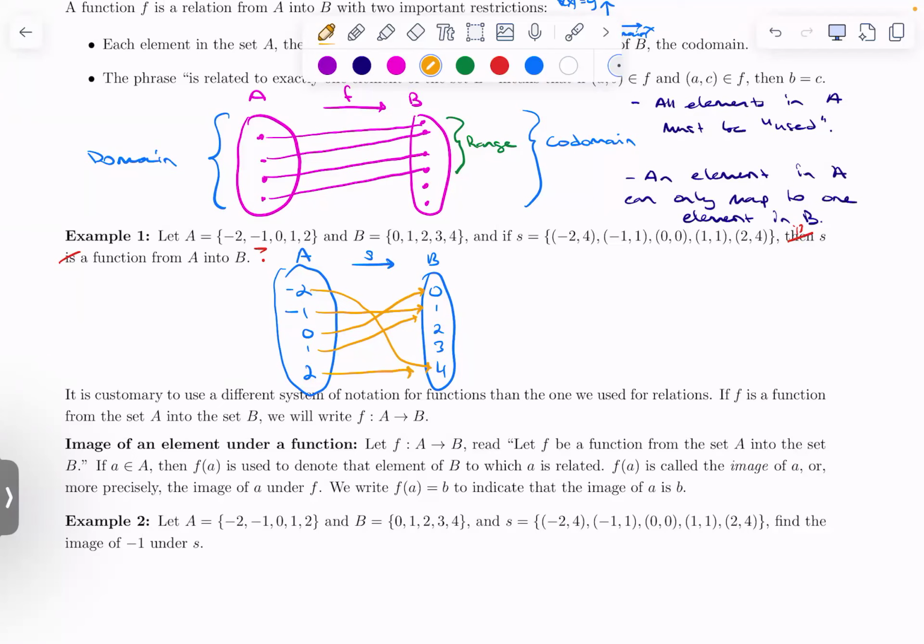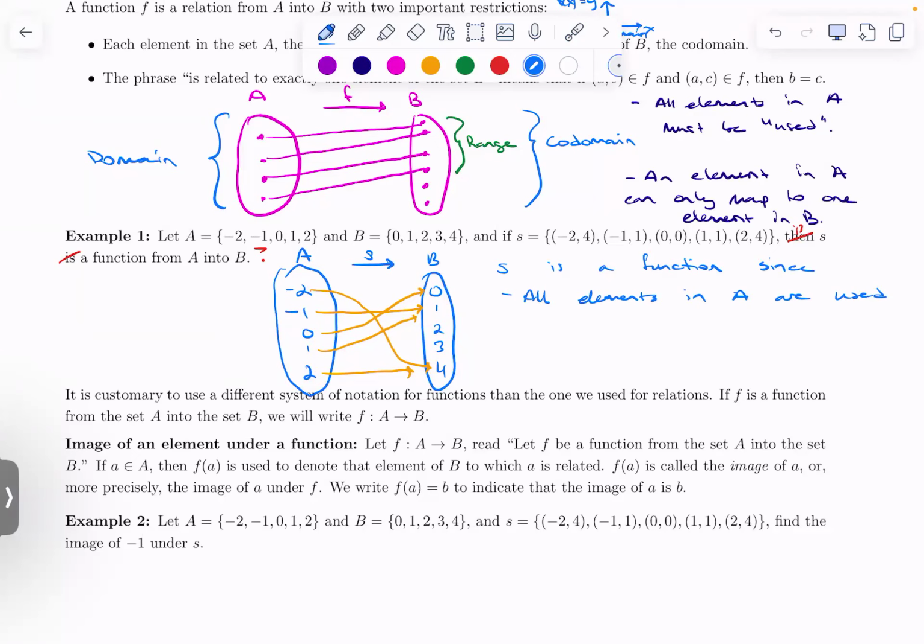All right, is this a function? It is a function. S is a function since, what's my checklist? Each element in A is used, and every element in A only maps to one element in B. If B into A, it's false.